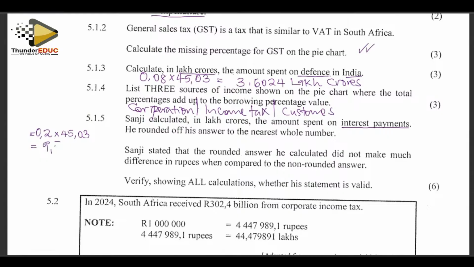So they have 0.006, whereby he got 9. These are lakh crores. Okay, now we need to look at it in rupees.